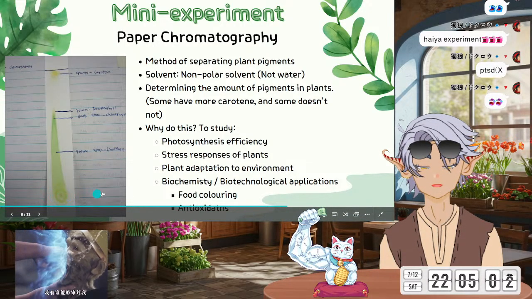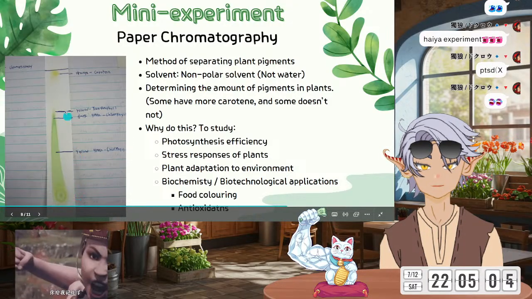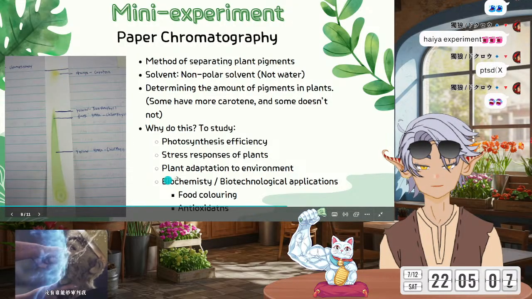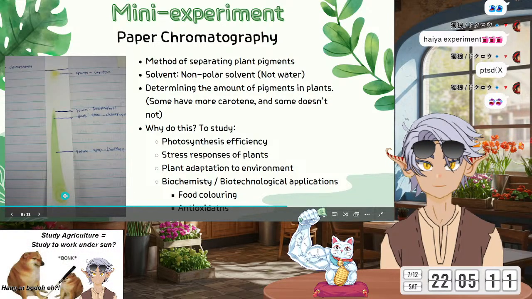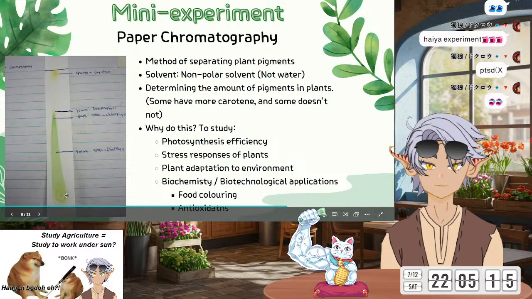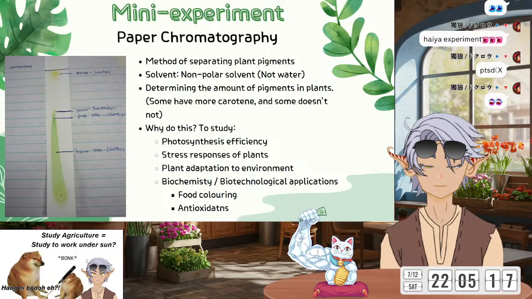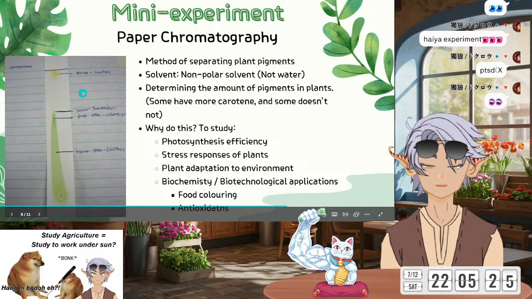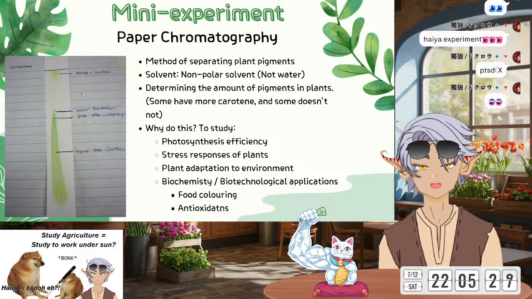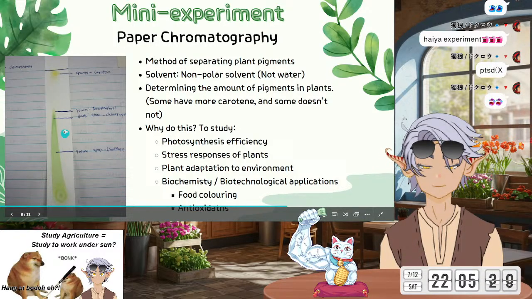After that, you dip this paper in the solvent until this level, like the blue dot here. The solvent will go up by capillary action of the paper. You have to hang it vertically, and the solvent will go up.